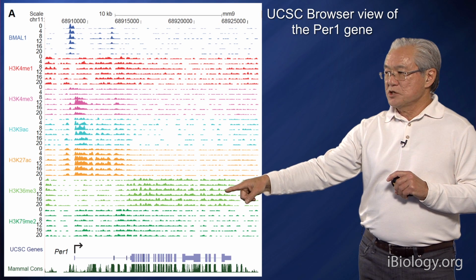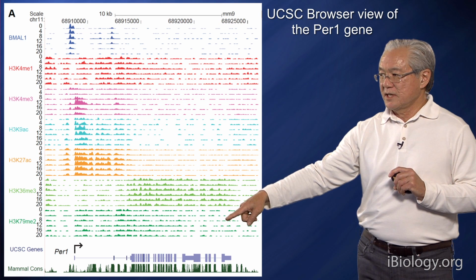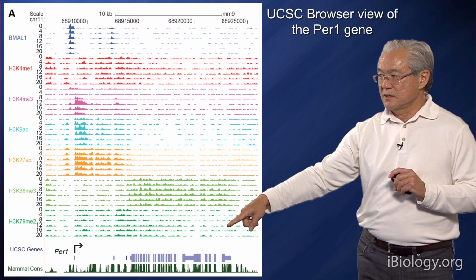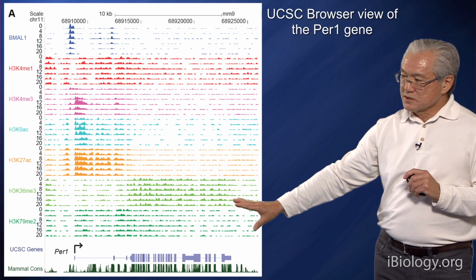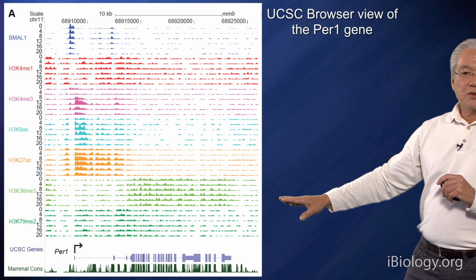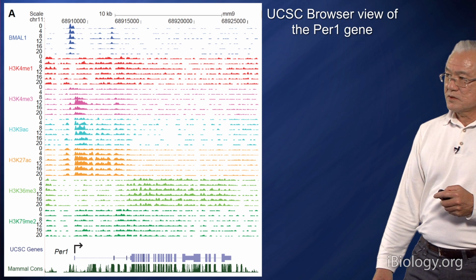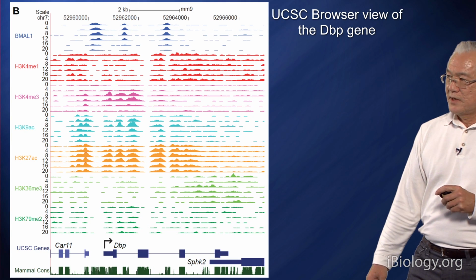These two elongation marks, histone 3 lysine 36 trimethylation and histone 3 lysine 79 dimethylation, you can see are active across the gene body, but there isn't so clear circadian modulation of those marks as we see with the promoter activation marks.